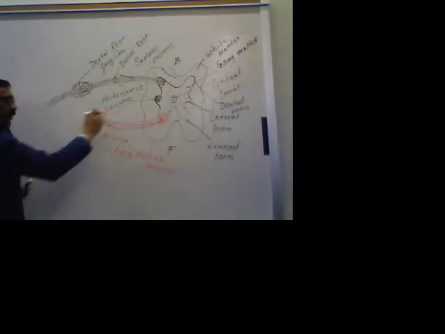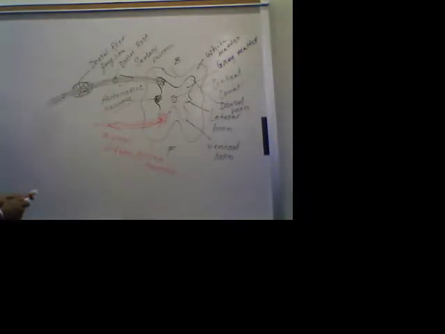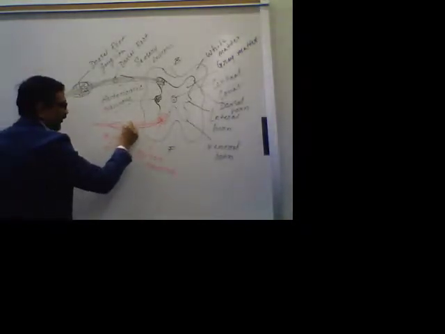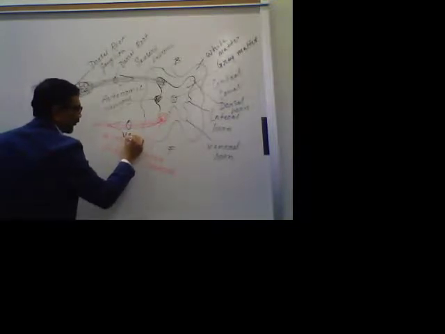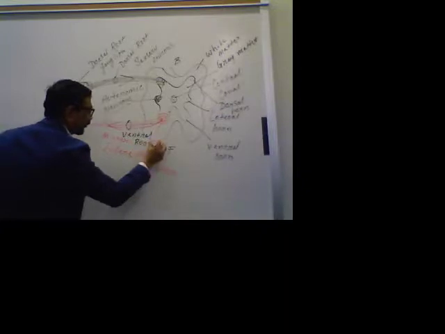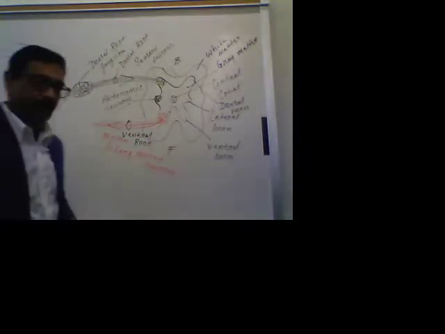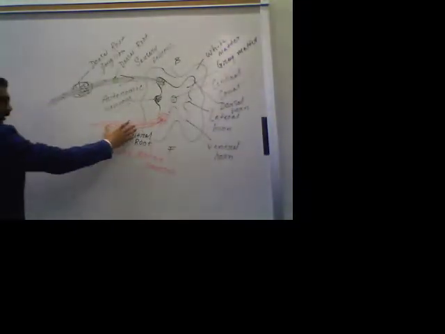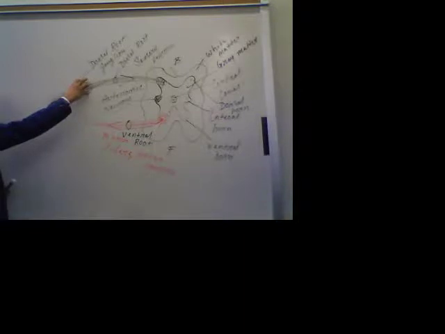This is ventral root, motor fibers. There is no ganglion in the ventral root. Ganglion is only in the dorsal root.